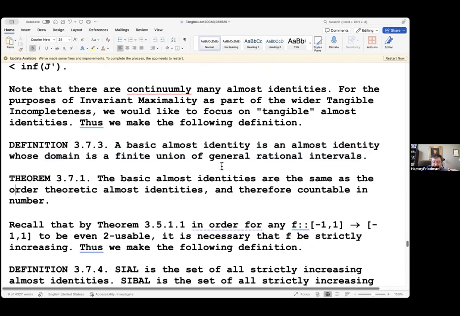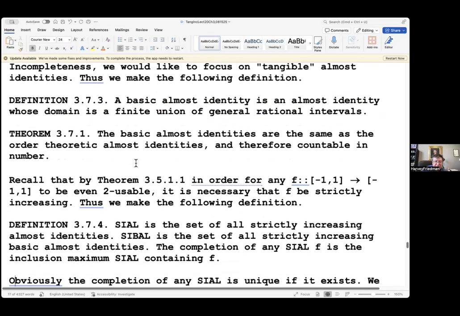But we can handle arbitrary ones. It turns out the fact there are continuum many turns out not to be a problem at all. But the ones we really, of course, care about most are the basic ones. Those are the concrete ones. Or they're actually the same as the order theoretic ones.